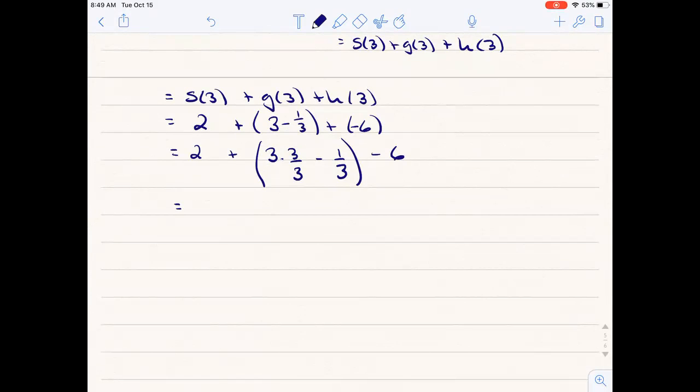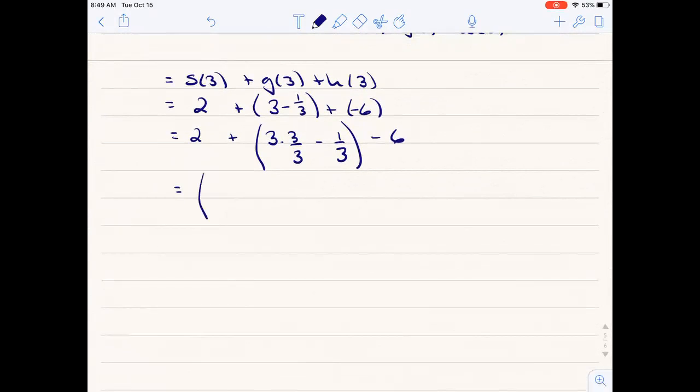With a little bit of regrouping, I can group 2 and -6, so I don't have to put them all over 3. I can just rewrite 2 minus 6 as -4 and deal with that. And so I've got 3 times 3 is 9 over 3.